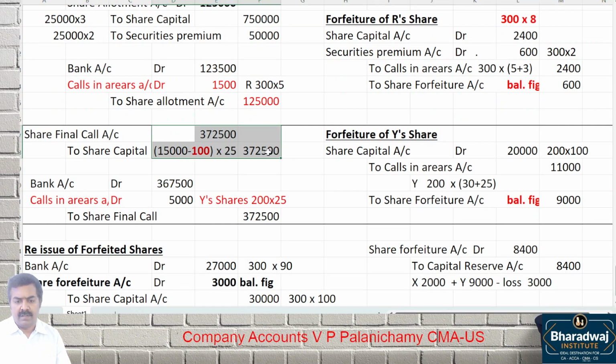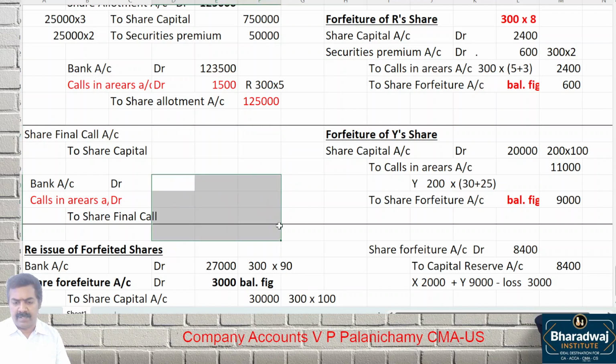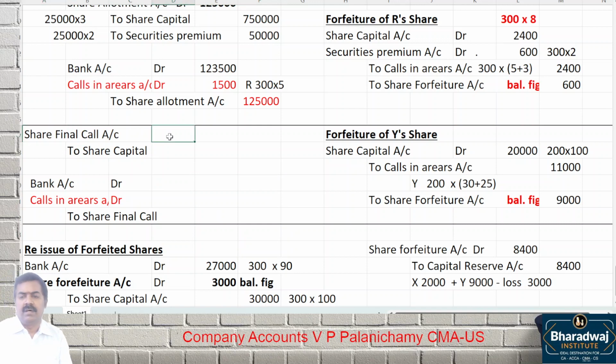Then we will make an entry for which one? Share final call. For how many shares do we have to make a call? 300 shares have been cancelled. 25,000 minus 300 into 2, how much? 24,700 into 2, 49,400.